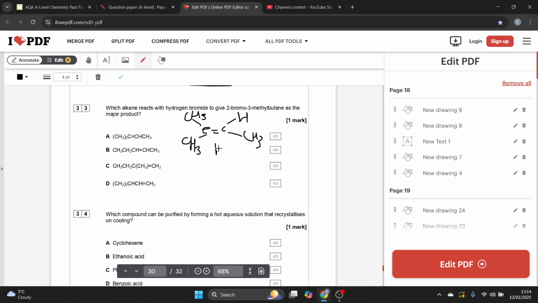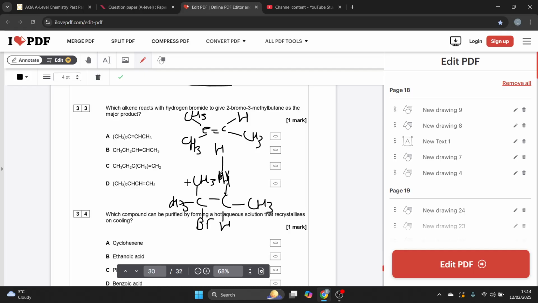And then the HBr bonds to it, and what you're forming is this CH3, CH3, H, CH3, the major product. So then the Br is going to be bonded to here then.